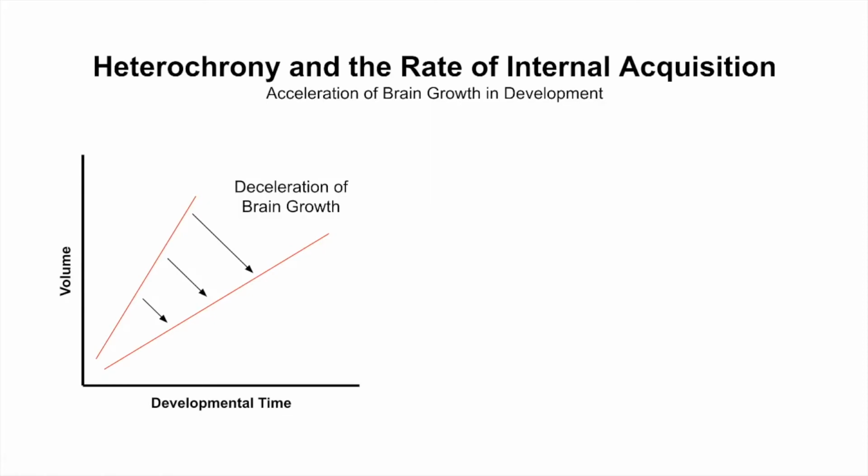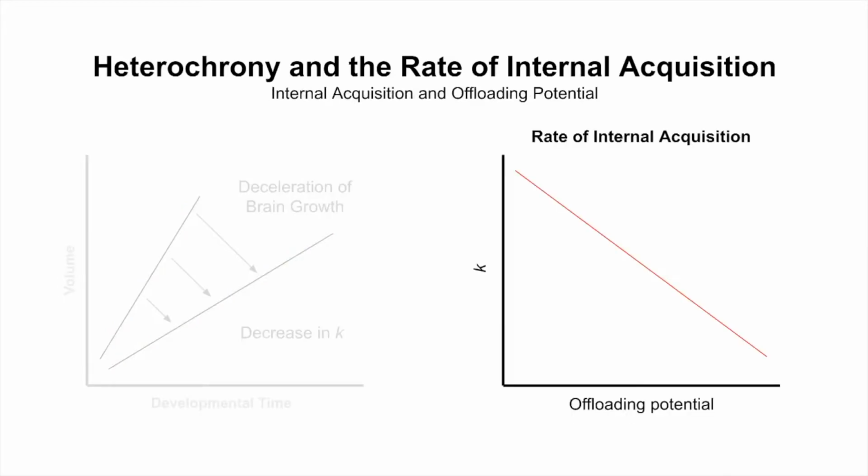This can be affected by environment. It can be affected by modifying the internal model or the innate component of the agent. So there's this simple parameter that we can adjust. This parameter can also be plotted against offloading potential to describe the rate of internal acquisition, so the rate of acquisition for an internal model.